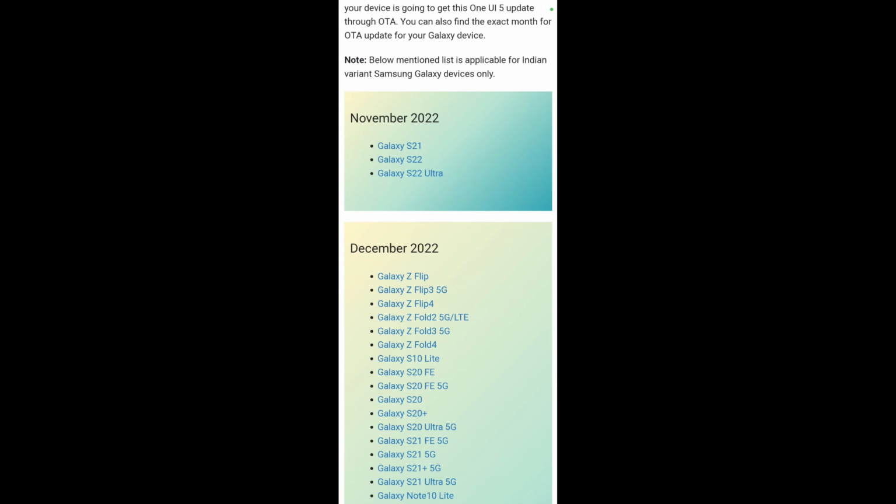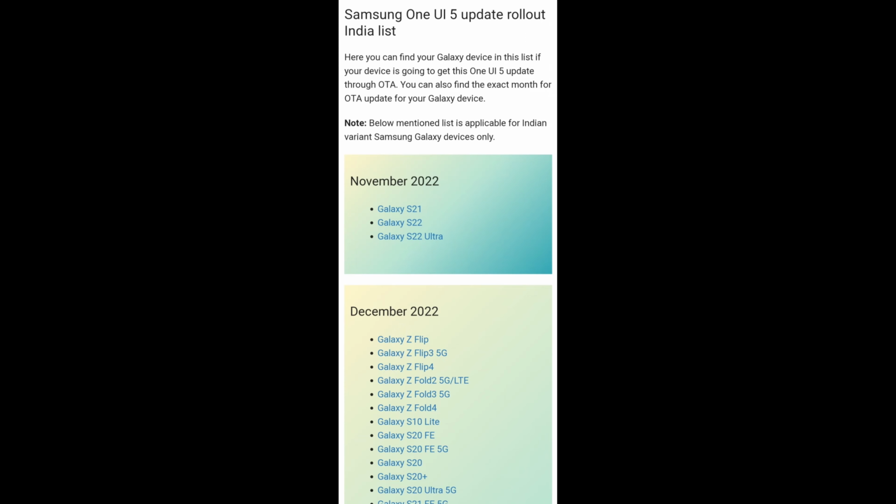Now that you know what One UI is, you might have a doubt about what the One UI update rollout schedule is and whether your device will get the update. So this is the update schedule of One UI 5, which is the latest one in India. The update schedule is different for other continents or countries like Europe.